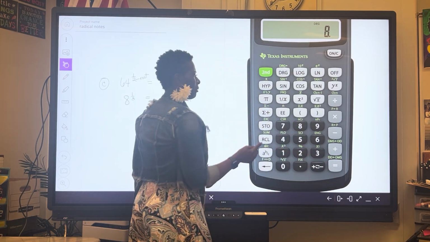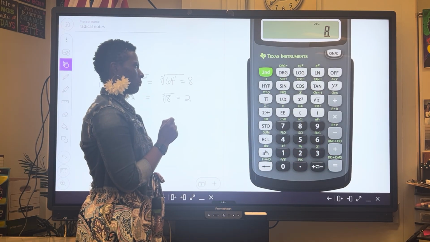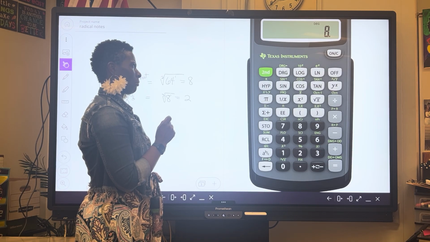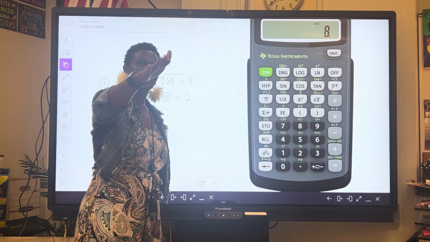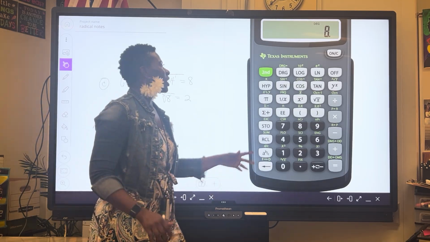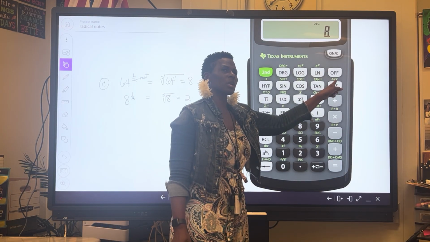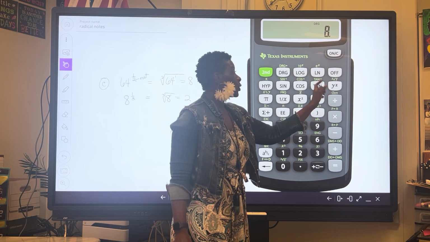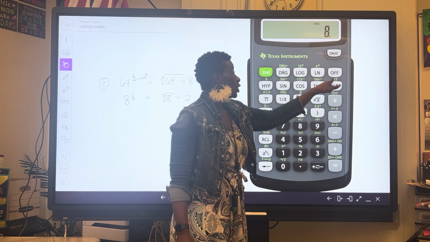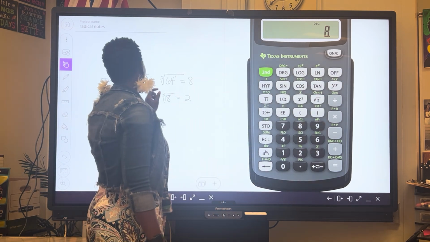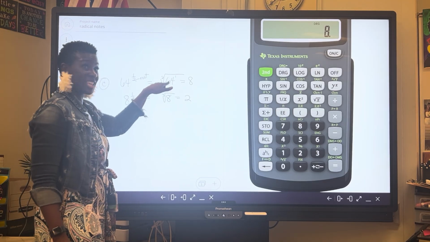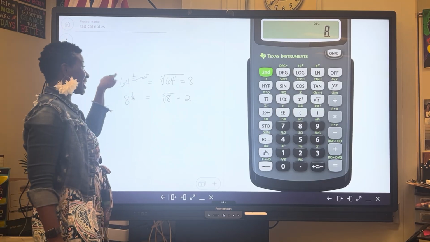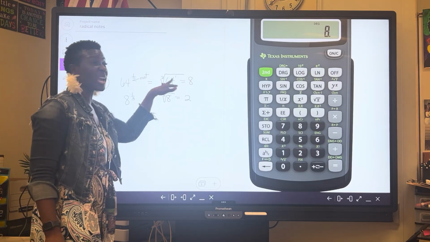That's all the same thing. Oh! You know why? Because when you press second, you're doing the square root key. When you press second and press that, you're taking the square root. Remember we said this is the same thing as this. So what you're actually entering is this. But it's the same thing.